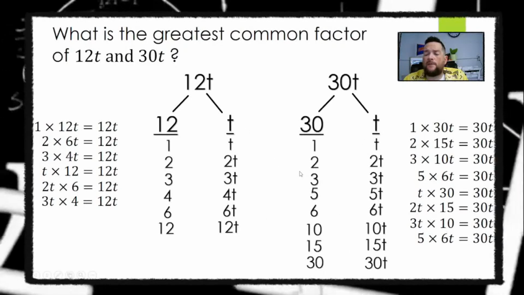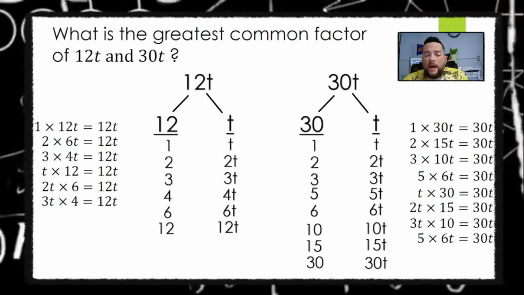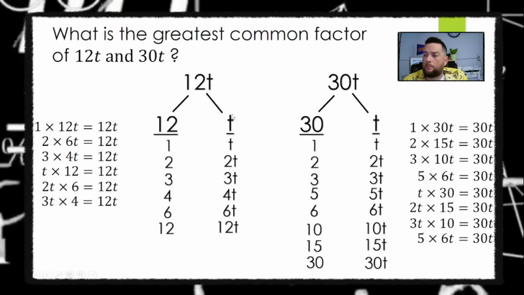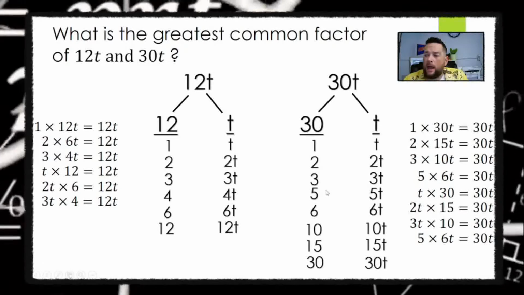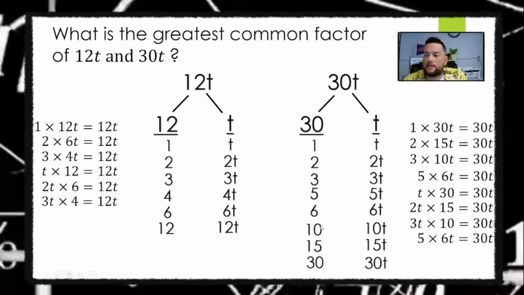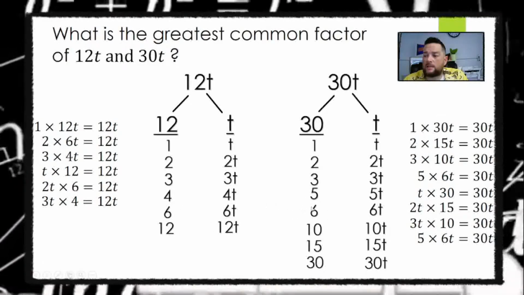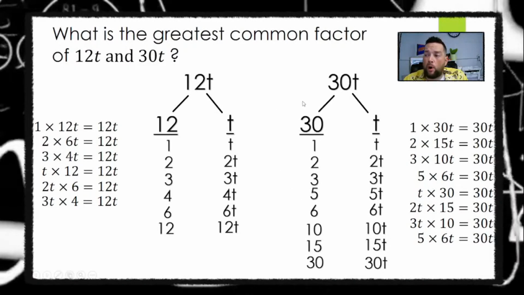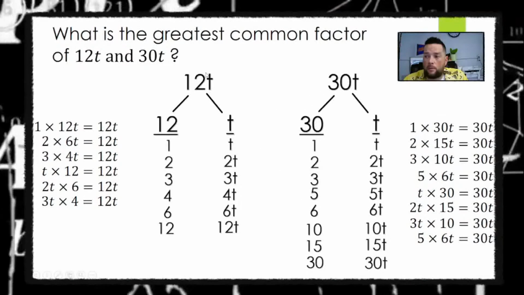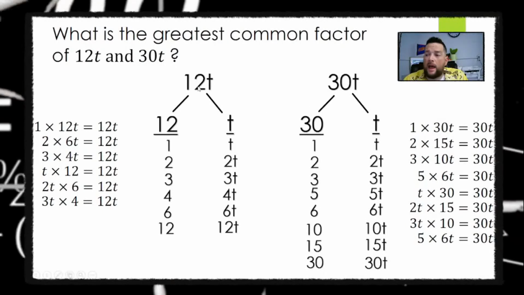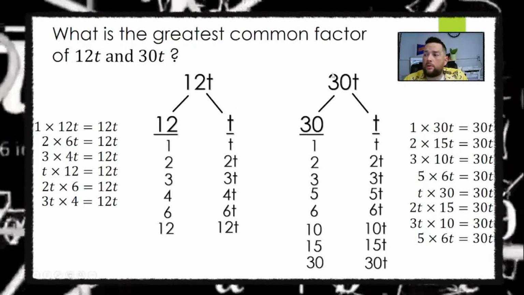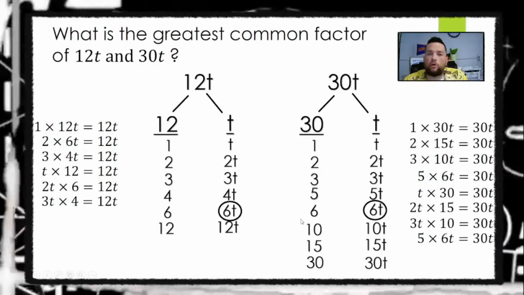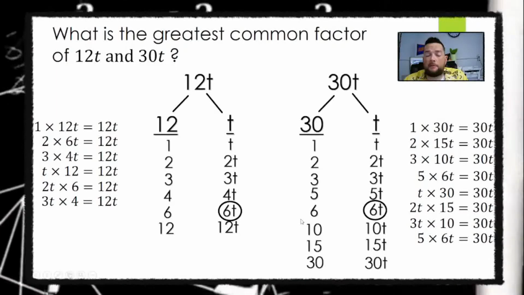Now then, we want to find the one that is greatest that appears in both lists, all right? And we're probably tempted to say the 6, all right? Because the 6 is the greatest number, all right? But if both of your factors, or both of your numbers, have a variable, then you want to include that variable with the greatest common factor.